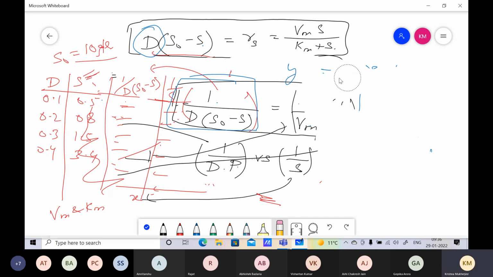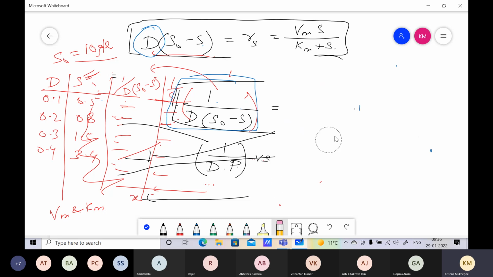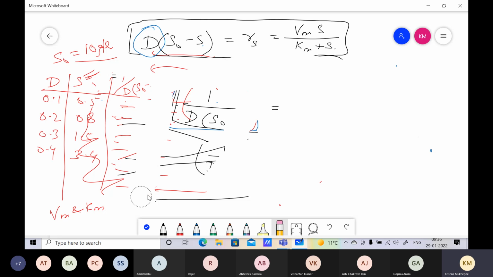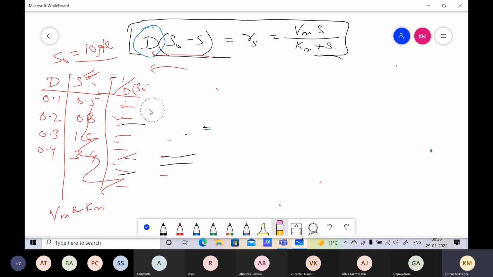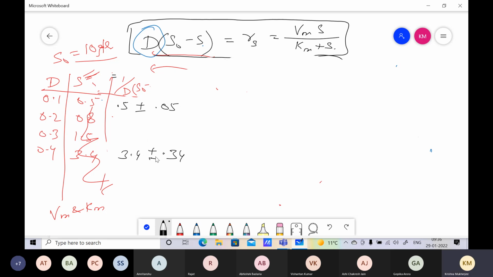If the error in S is proportional to S, for example, when you measure 10 grams, say with 10% error, your error is 1 gram, but your error in 1 gram is 0.1 gram. So if the S value is 0.5 with a 10% error, then it is 0.5 plus minus 0.05. And if it is 3.4, it is 3.4 plus minus 0.34. So the error in this case is proportional.